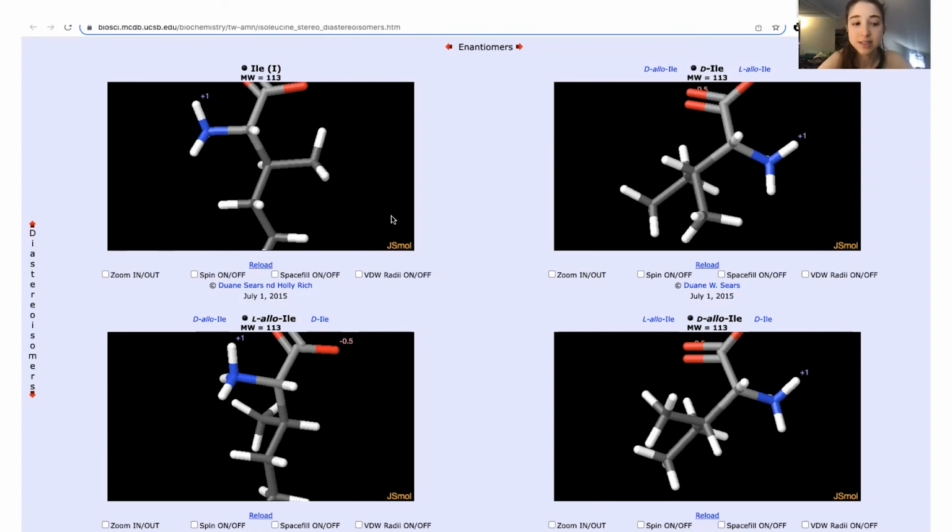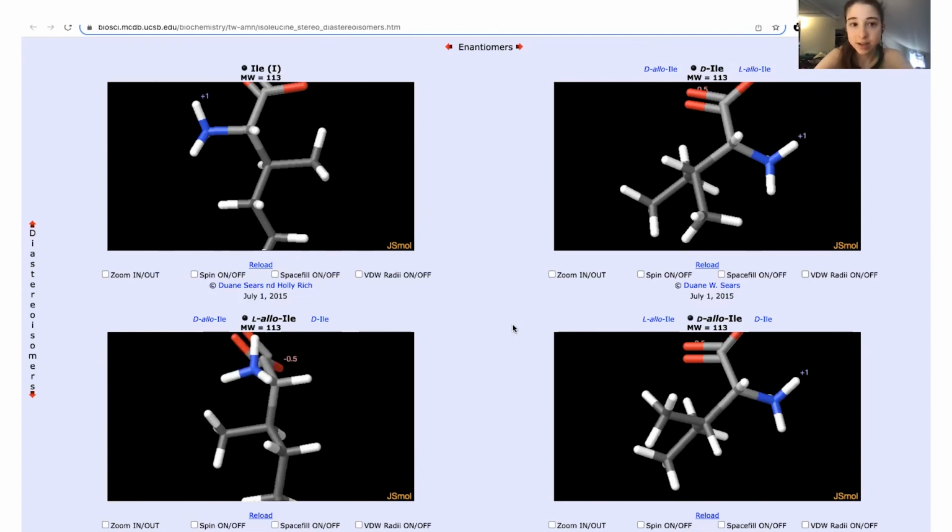And so we call these diastereomers when they're non-superimposable stereoisomers. And so the enantiomers are the D and the L forms when we talk about amino acids. And then the diastereomers, here you have isoleucine versus allo-isoleucine. And so you can look at the various things here. I'll post the link to that.